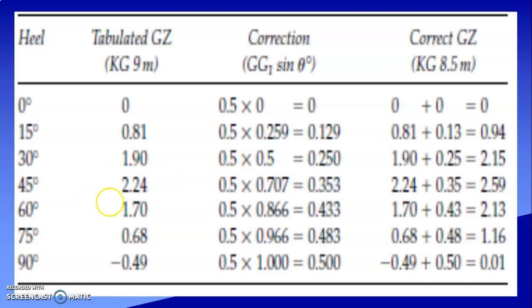Now on the right, the first column is the heel in degrees every 15 degrees. The next column, named tabulated GC, is for a KG of 9 meters.